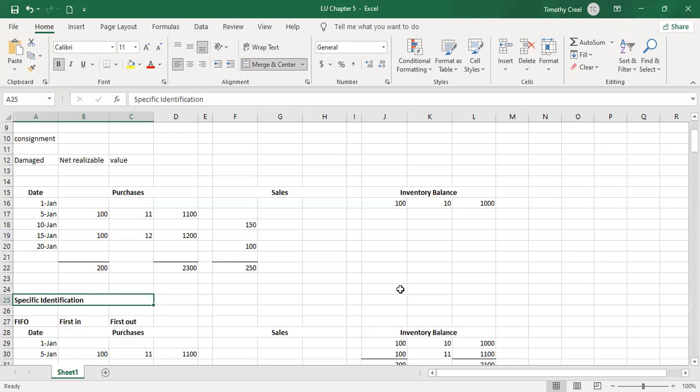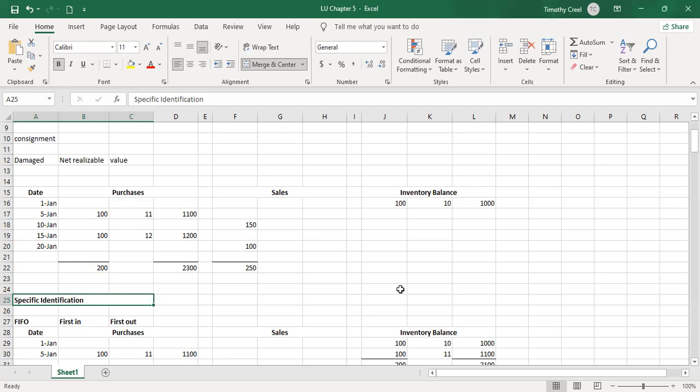Jewelry stores tend to use this method too, because a jewelry store basically should know, like if it's a very expensive watch or the grade of a diamond or the cut of a diamond or gold, whatever they've got, they should be able to specifically identify what they're selling. So specific identification just means that you specifically identify the unit that's sold, you specifically identify what's still there.